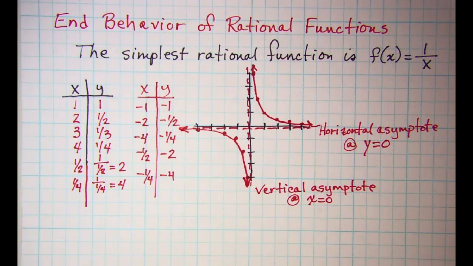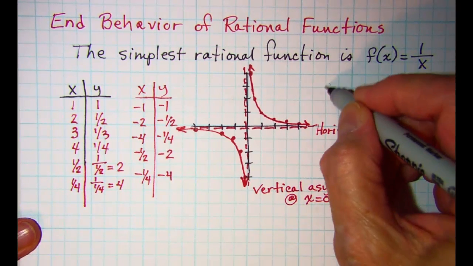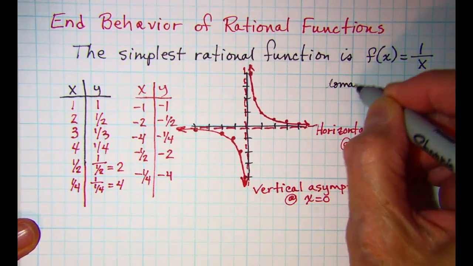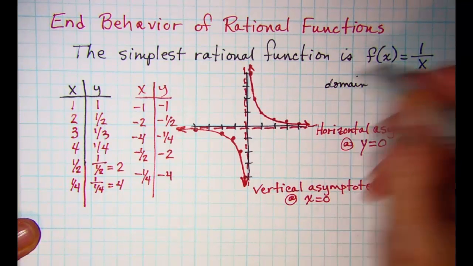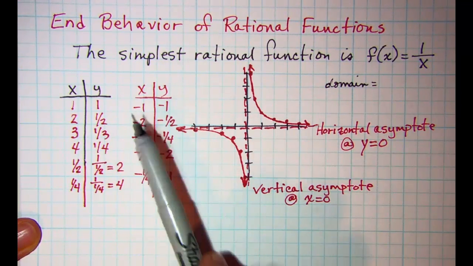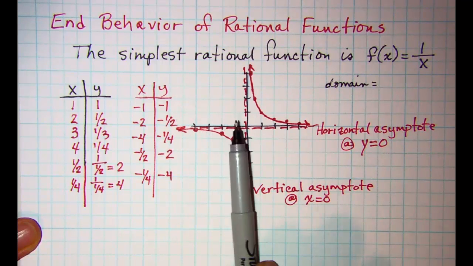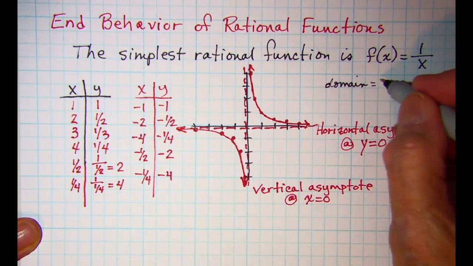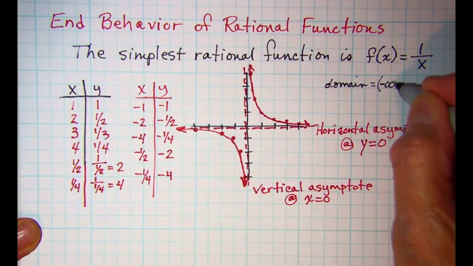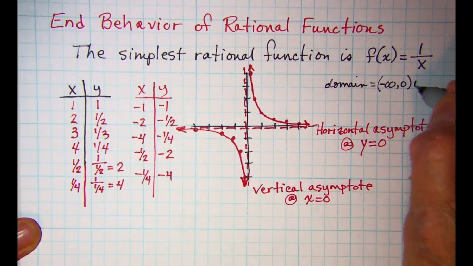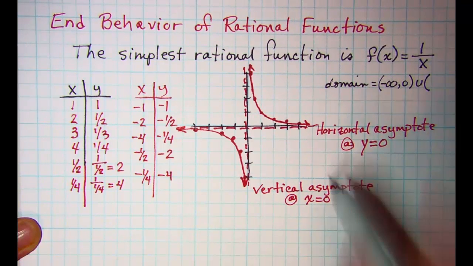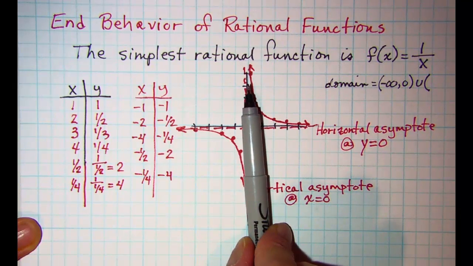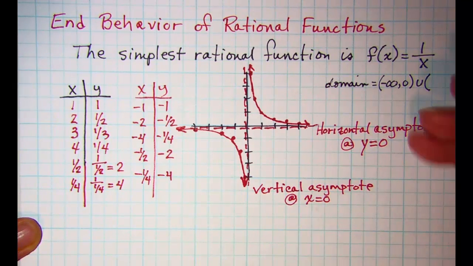So we would indicate our domain as from negative infinity up to 0, and then pick it up again on the other side of the 0, and then go to positive infinity.